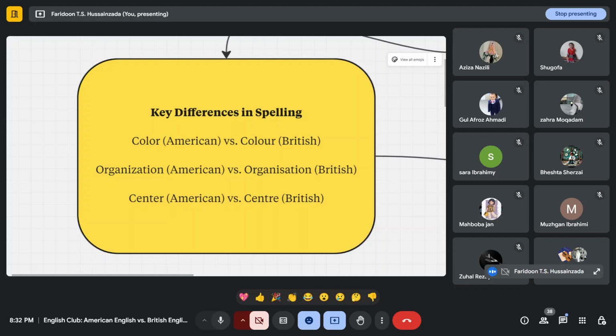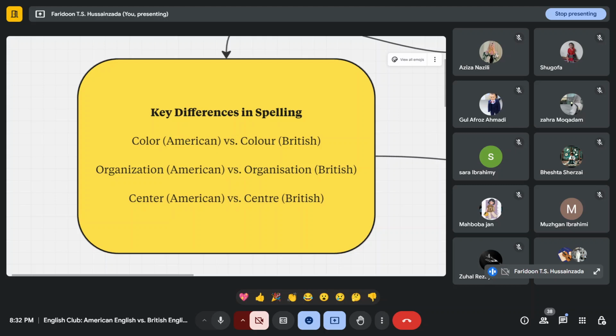The first one is the one that your friend, I believe Gulafruz, also mentioned, the O and the OU case. Okay, so American English does try to have more simplified variations when it comes to spelling.